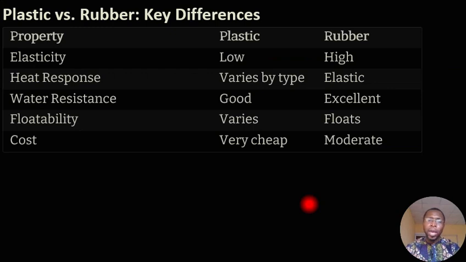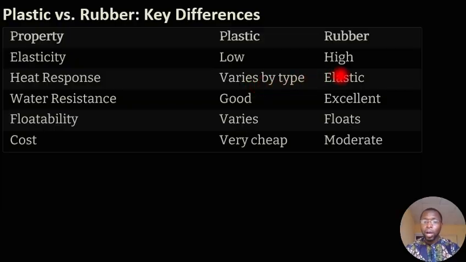Now, let us compare plastic and rubber. What are the key differences? When it comes to the elasticity property, plastic has low elasticity, while rubber has higher elasticity. In terms of heat response, plastic responds to heat based on the type, whether it's thermoplastic or thermoset.